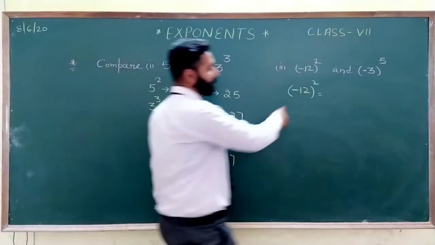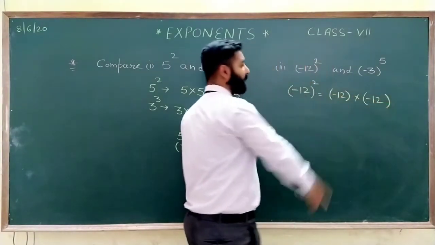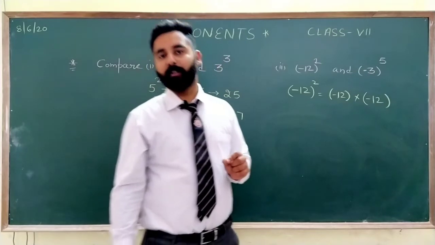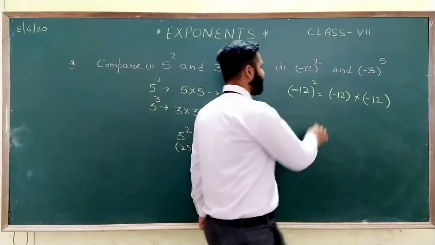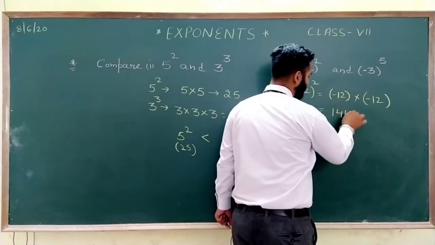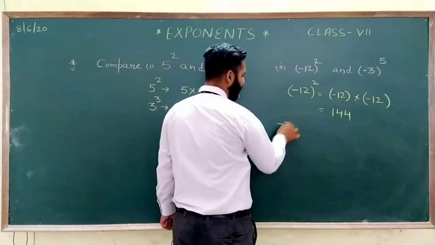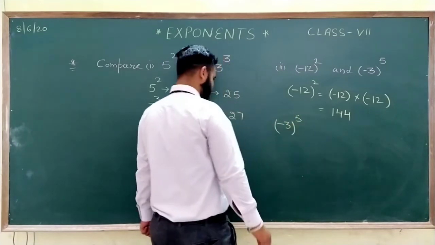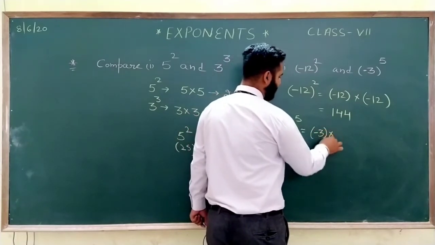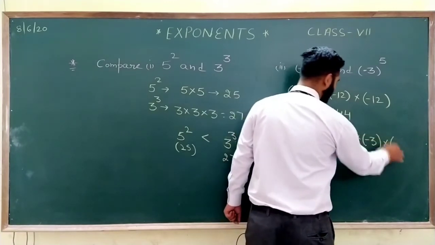So here minus 12 square means minus 12 multiplied by minus 12. Now minus 12 we have to multiply, no? We all know when we multiply two integers with the same sign, in the answer we will get a positive sign. So 12 multiplied by 12 you will get 144. Next you have to solve minus 3 raised to power 5. So it will become minus 3 multiplied by itself 5 times.